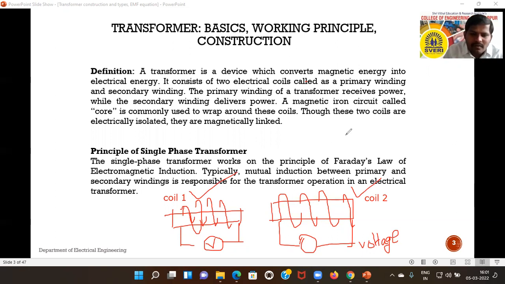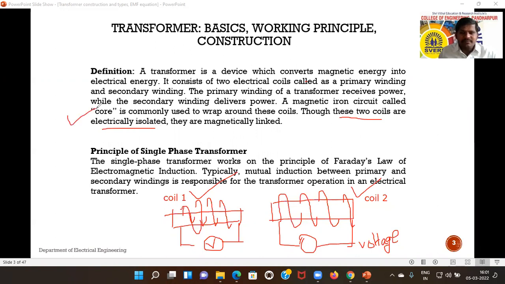Hello, are these two coils electrically connected? Just give me a reply. These two coils are not electrically connected. So here the sentence is given, that these two coils are electrically isolated.